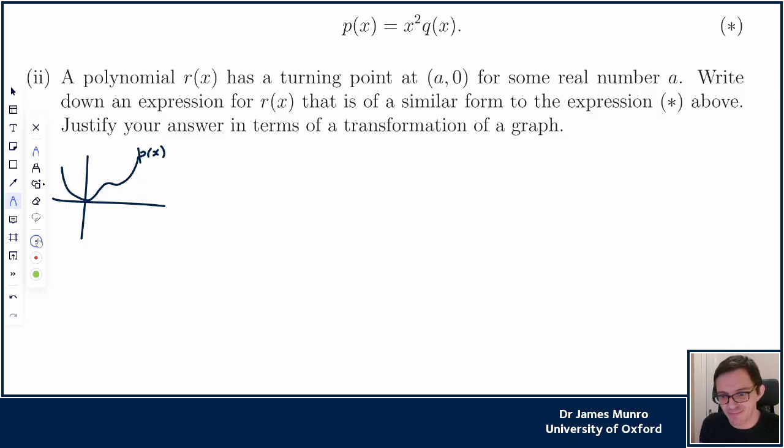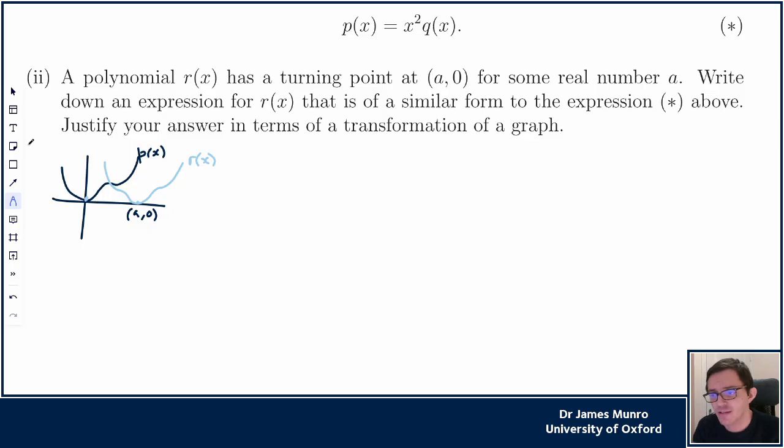If a is positive, then maybe this looks like this, coming down and having a turning point and then going back up again. Okay, so these don't look like they have any relationship between them at all, except that there's this turning point going on here. Let's label that point as a. So what I would like to do, I think, is translate r to the left so that it's the sort of polynomial we were talking about in part 1, one with the turning point at (0, 0).